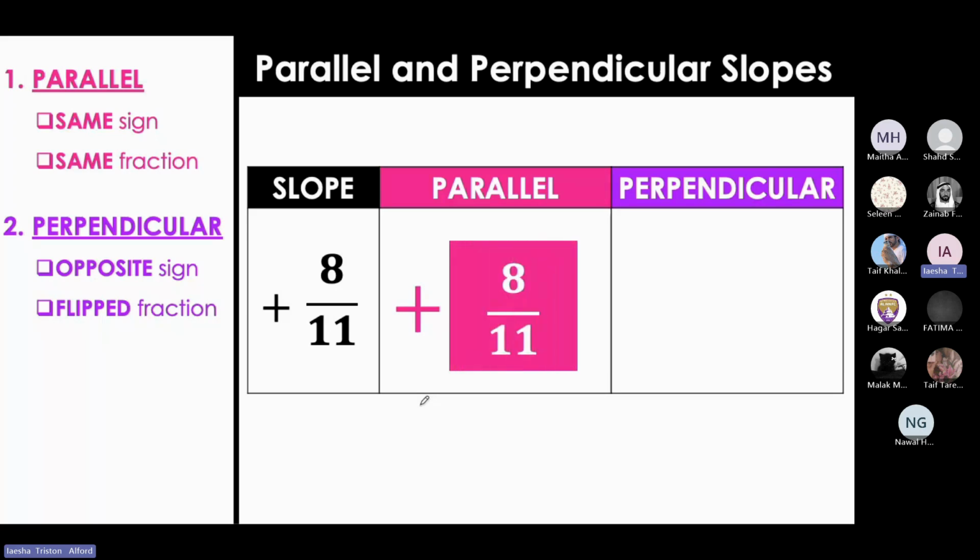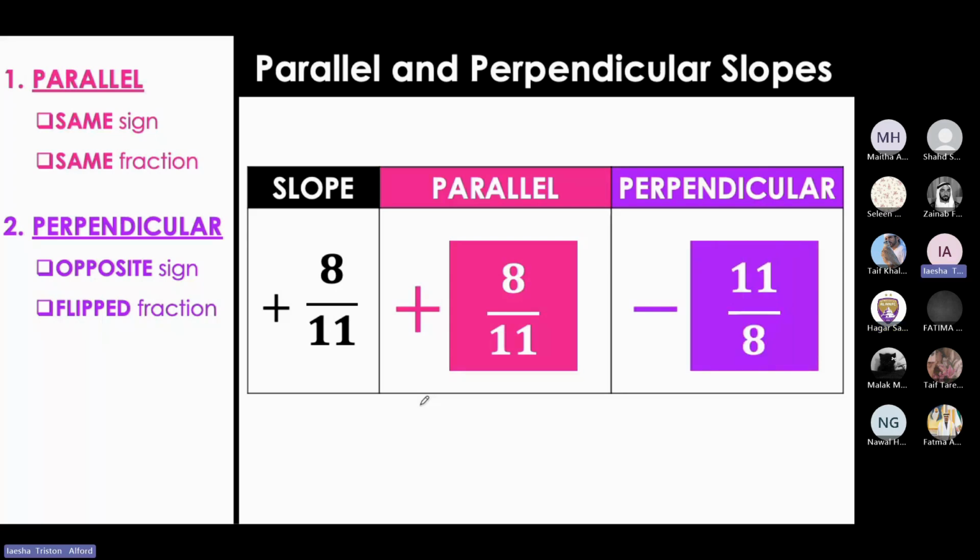So positive 8/11. Perpendicular should be opposite sign. So what sign in the box? Negative 11/8. And then 11/8 is the fraction. So you have to know how to make this one for the exam, parallel and perpendicular.